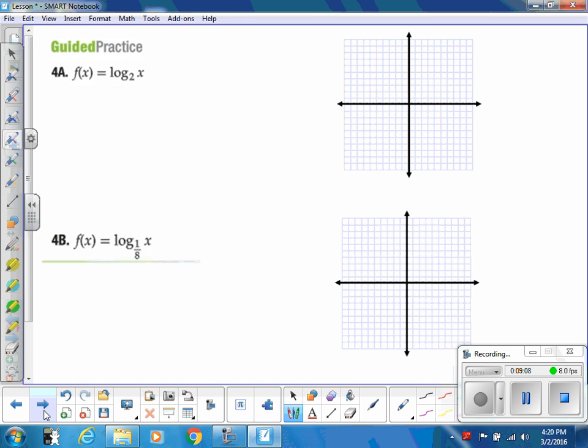So, if I have f of x equals log base 2 of x, that means my base is 2. My h is 0, so that means I'm going to have a vertical asymptote at 0. And since b is 2, I have my intercept point of 1, 0, and then I have my b, 1 and my 1 over b, negative 1. So I plot the points.